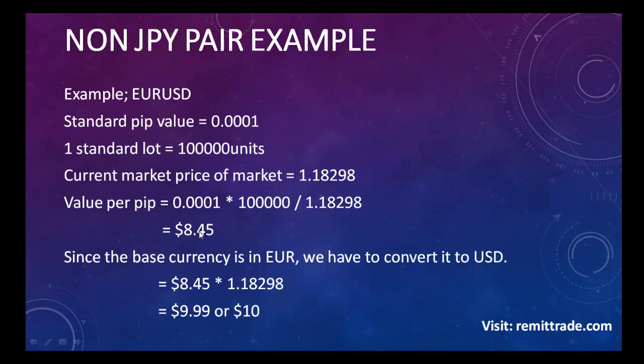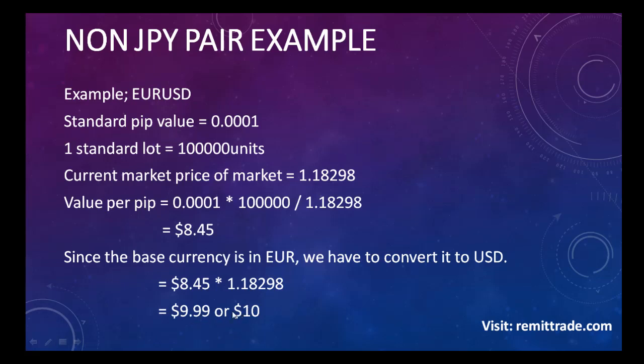Now, when you have this value, which is 8.45, it's in euro, because euro here is the base currency for Euro USD. What you do is multiply your answer by the current market price, which is 1.18298. When you do that, you automatically convert your euro value, your answer, to USD. So you have here 9.99, so approximately 10.